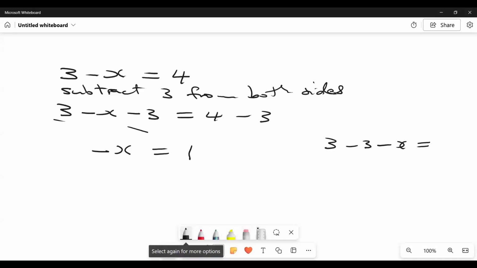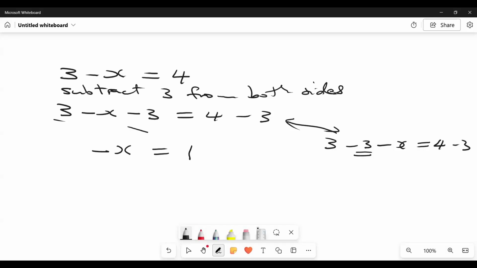Same thing. It's just written a different way. I choose to put it back here. They might choose to put it there, right?